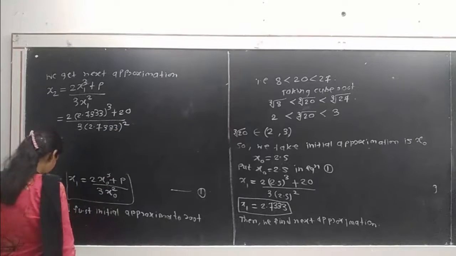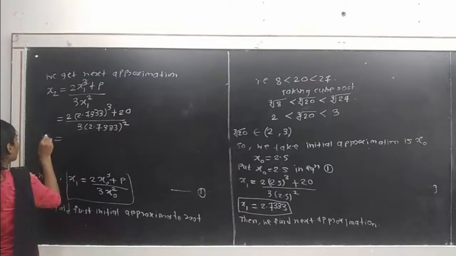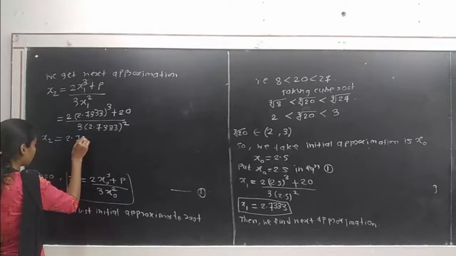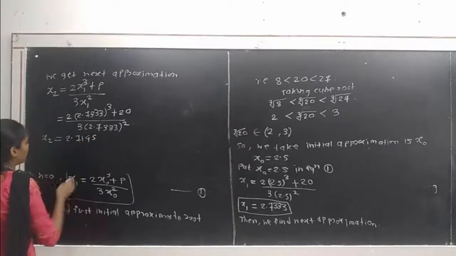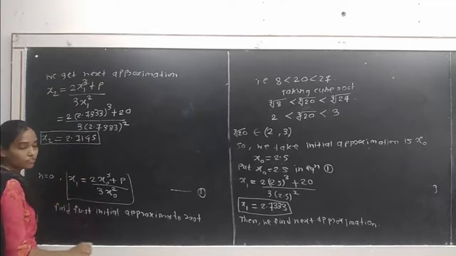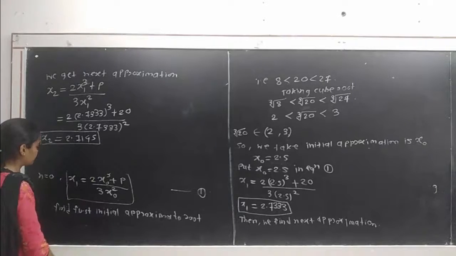After this calculation, the value of x2 is 2.7145.